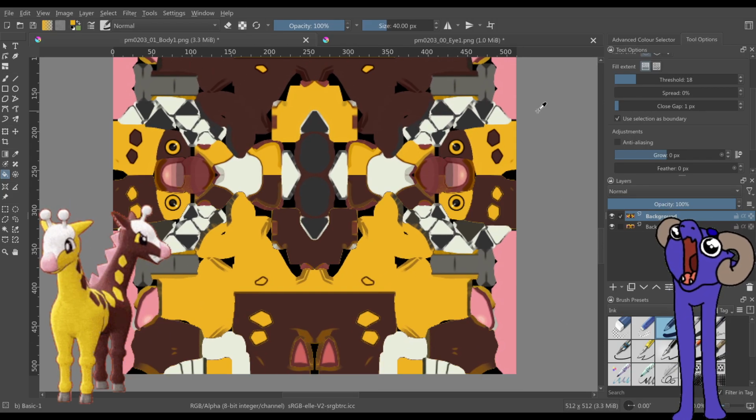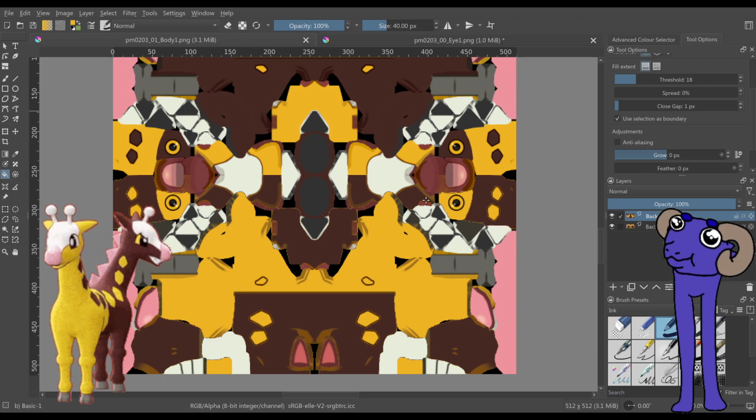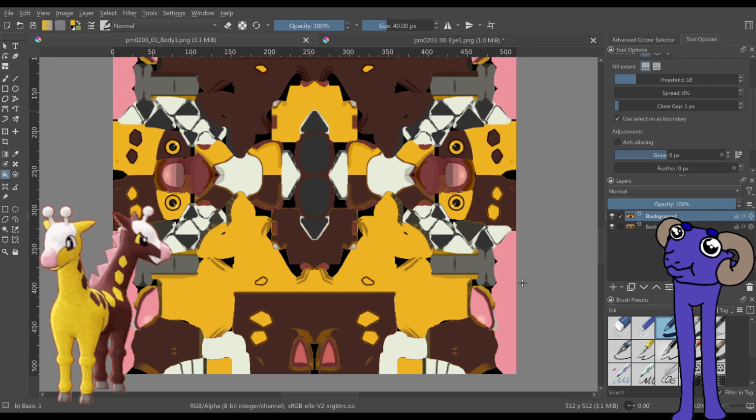Okay, so from just doing that, how close are we? Pretty close, actually. I do need to blend that out a bit more, and also the colours are different.